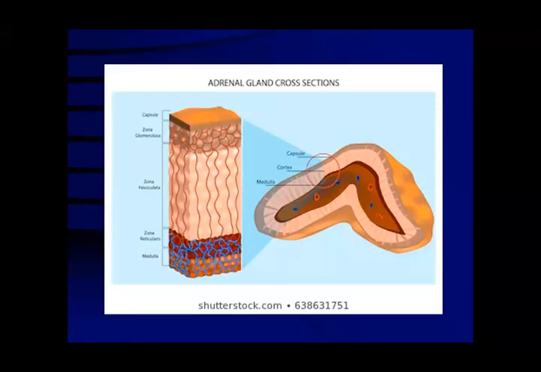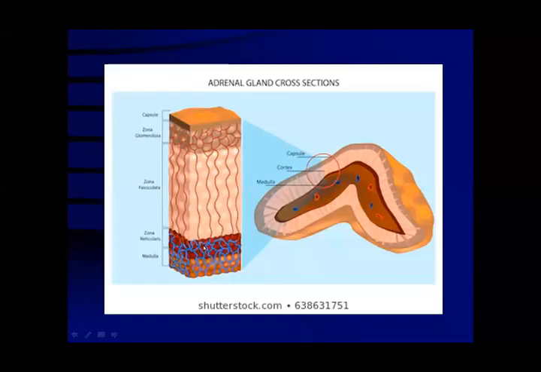The zona glomerulosa is responsible for the release of aldosterone. Fasciculata is responsible for the release of cortisol, and reticularis is responsible for the release of androgens. Androgens means testosterone and estrogen.